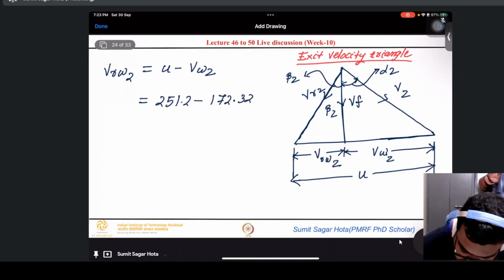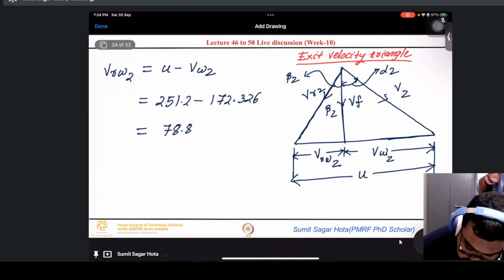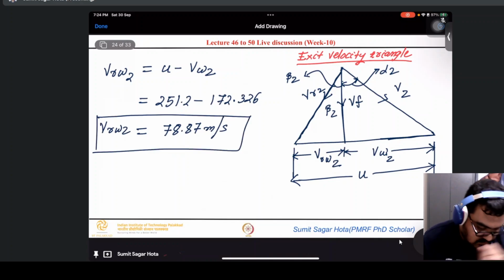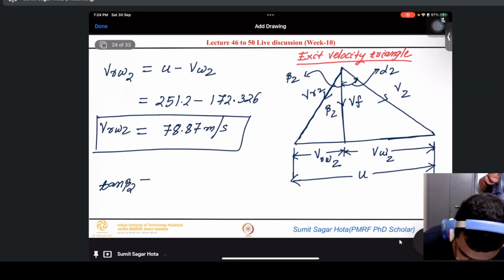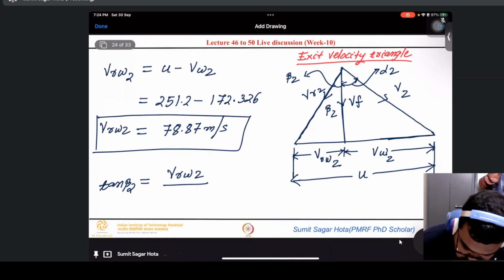172.326. Now what is the answer? 78.87. Then you can put tan beta 2, BRW2 divided by BF.